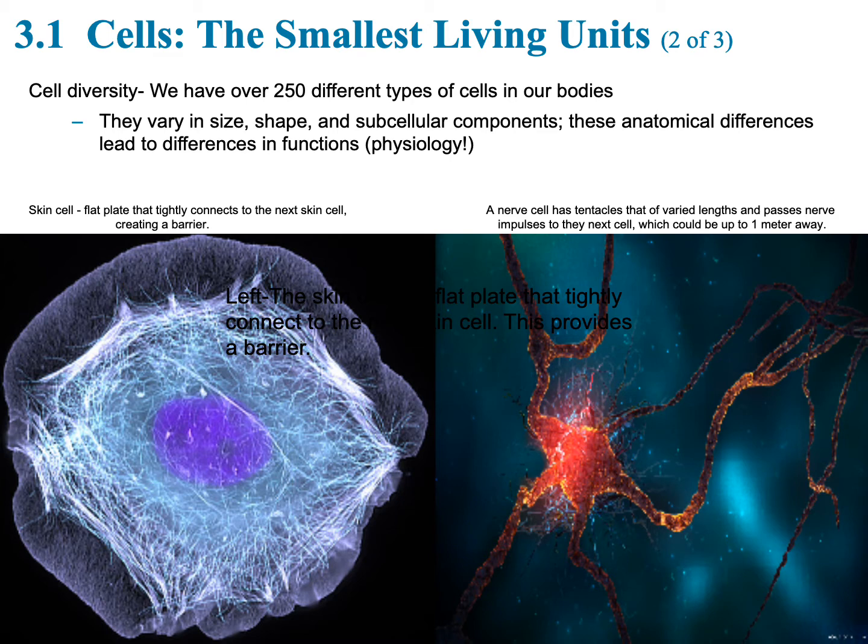You can see that their shape is very different, but each one of them has a barrier that keeps that cell from being invaded by things it doesn't want to be invaded by. There's rules on how to get into that cell. There's rules on how to get out of that cell. So in a nutshell, we're going to learn about the details, especially of that cell membrane and the organelles inside these guys that make these cells work and be alive.